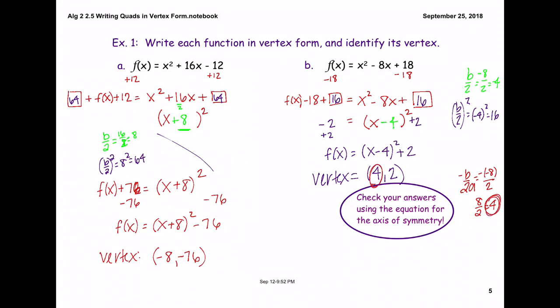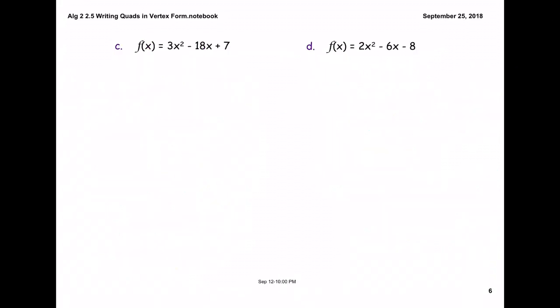Looking at example C, I noticed that my a, or the coefficient in front of the x squared term, is not 1. So you must factor that out. When we factor out a 3, before we do that, we want to move our 7 by subtracting it.